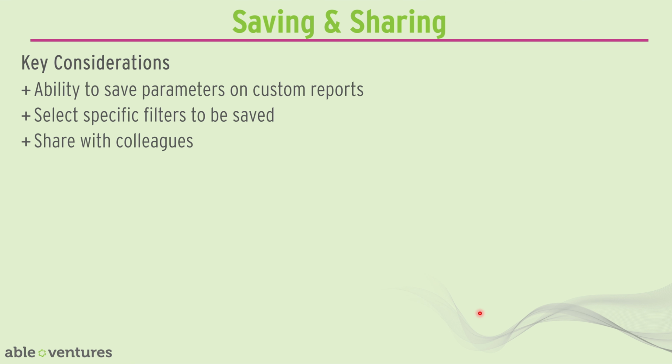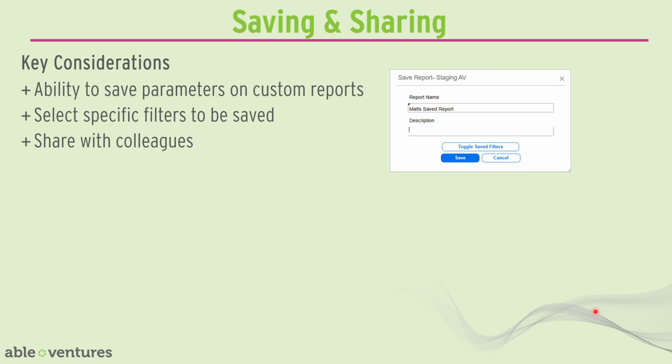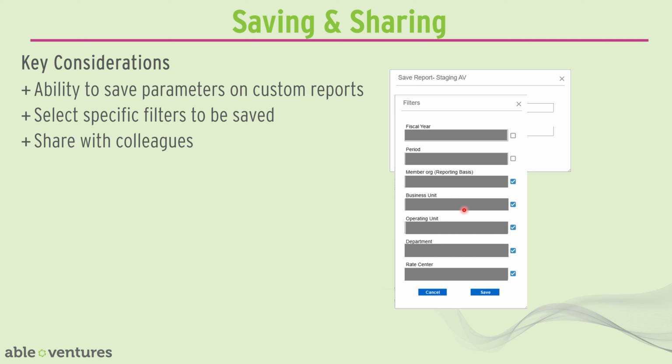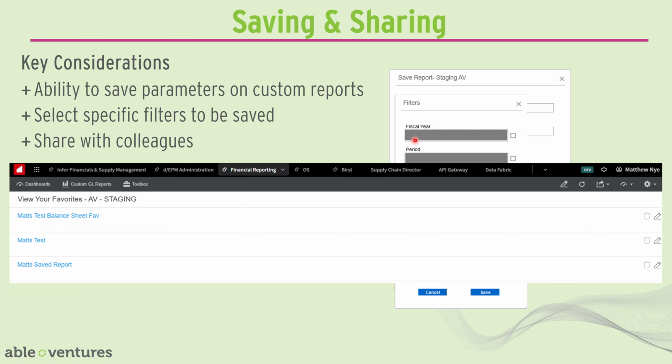If you're jumping from one report to another report, you may want to retain your company, your department, your location, but you don't want to save the date, the month, because next month you want to come back and look at that same report, but you want to use the current month that you're already looking at. So this gives them the ability to say, yes, use this one, yes, use this one, no, not that one, no, not that one, save it off, and then you can actually share this with your colleagues, so that they don't have to go in and hunt and peck for whatever data they're looking for.